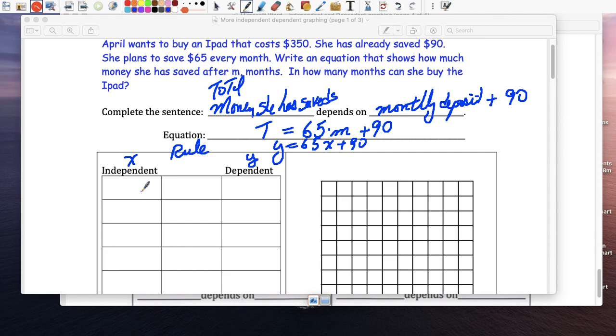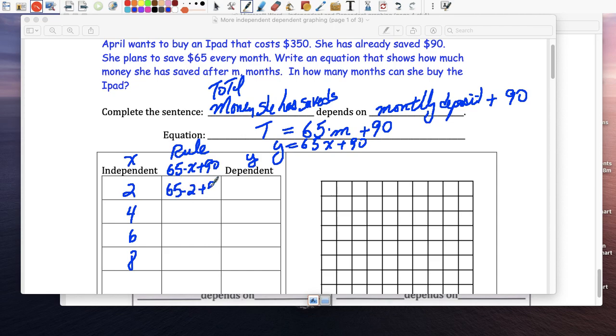You know what? Let's skip around. So the rule would be 65 times the month, x, plus 90.